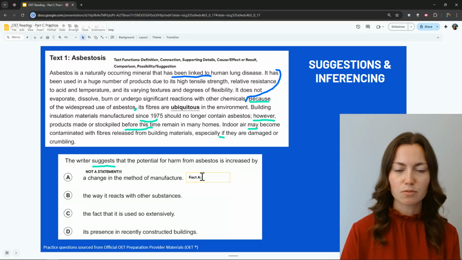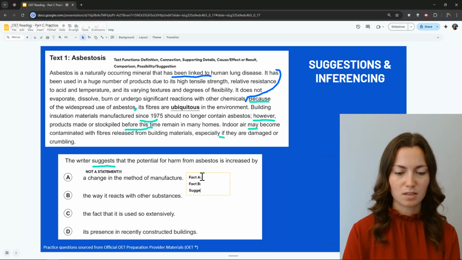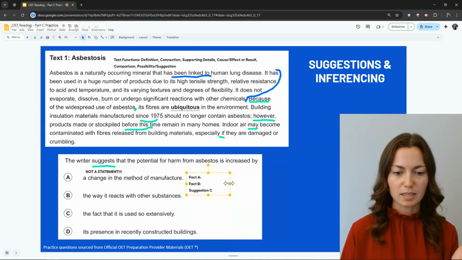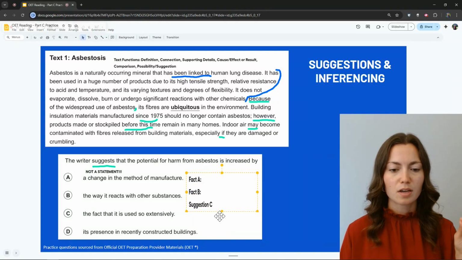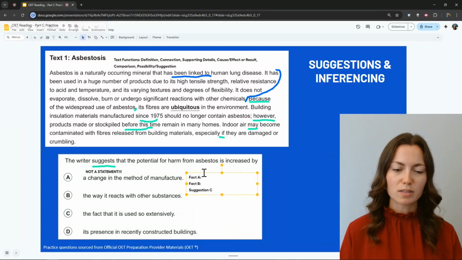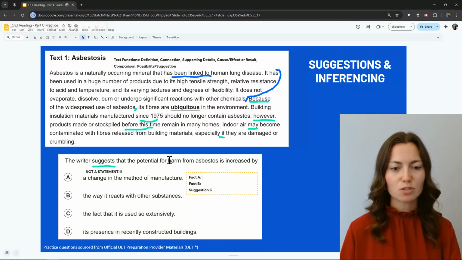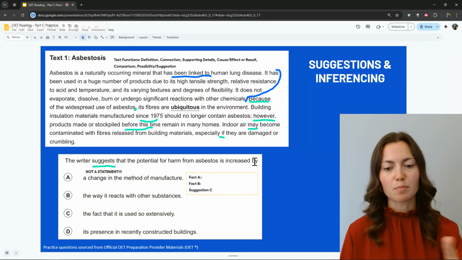We're going to call it fact A, and fact B leads to suggestion C. Okay, so fact A, fact B leads to suggestion C. How do we know it's 2? Well, usually we can tell from our question. Potential for harm from asbestos is increased by something.